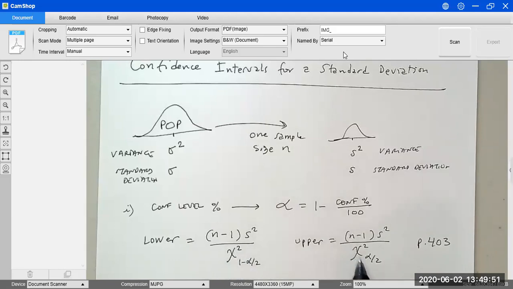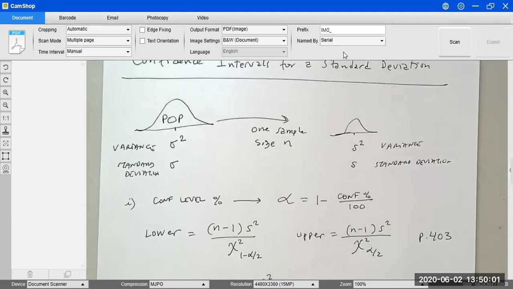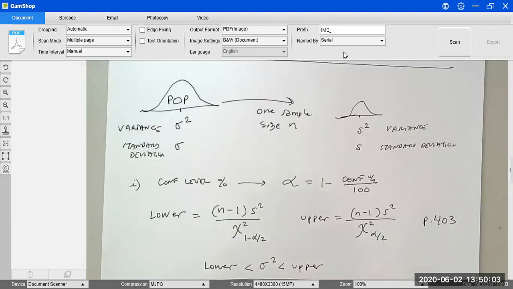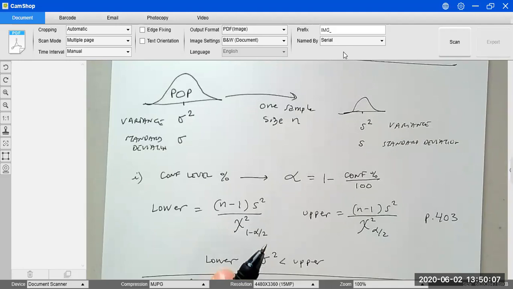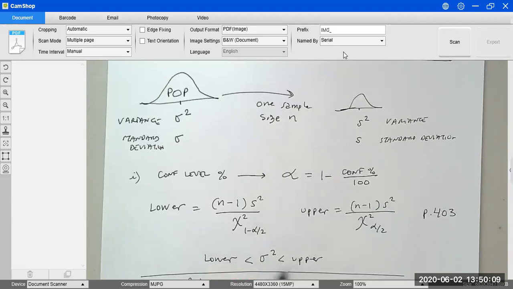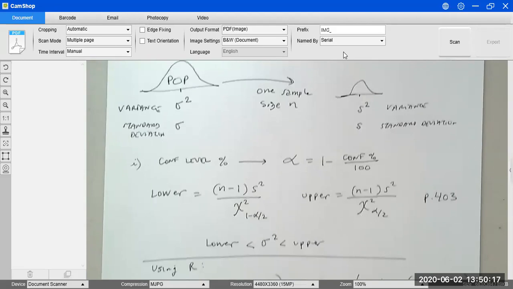These are the values that we now need to get from tables, from your Texas Instruments TI-84 calculator, or by using R. Once you get these values and obtain the result of these formulas, you're going to get the lower limit and the upper limit. If you want the confidence interval for the standard deviation, then you need to take the square root on everything.